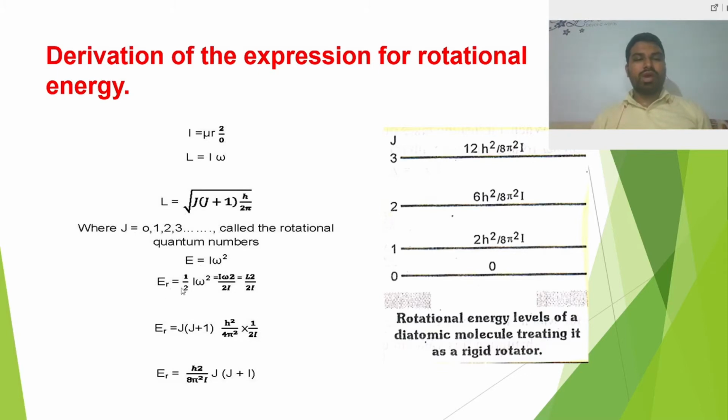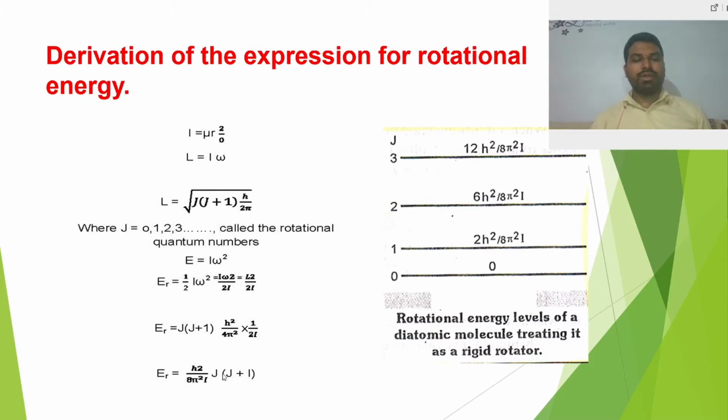Hence the rotational energy E_R is half I omega square, which is L square upon 2I. So the rotational energy is j into j plus 1 times h square upon 4 pi square into 1 upon 2I, that is h square upon 8 pi square I times j into j plus 1. Now we substitute the values of j, that is 0, 1, 2, 3.